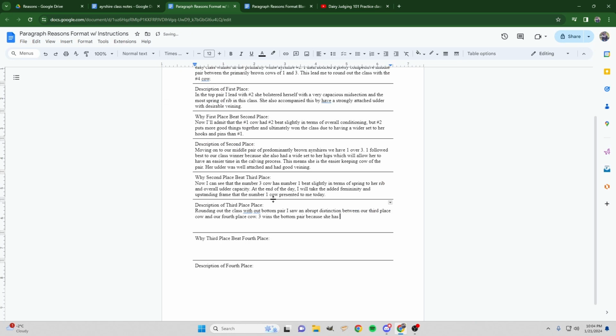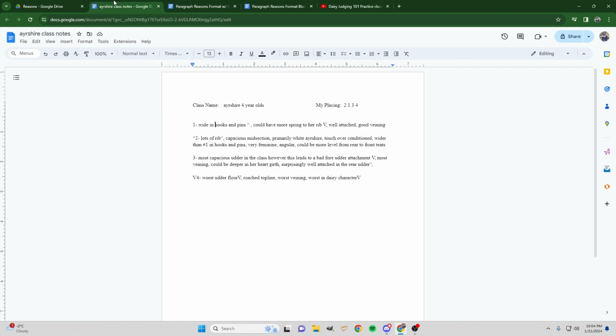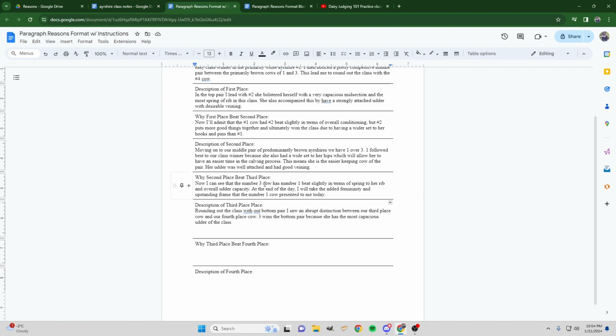Because she has the most capacious, and capacious just means big, by the way, has a lot of room, udder of the class, and is surprisingly well attached in her rear udder despite this.